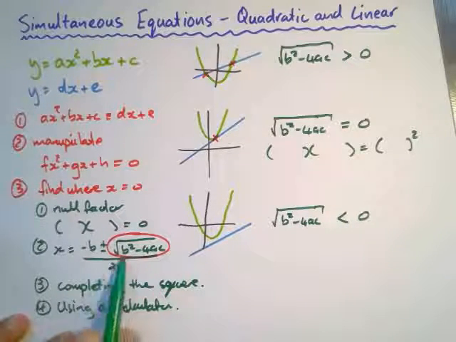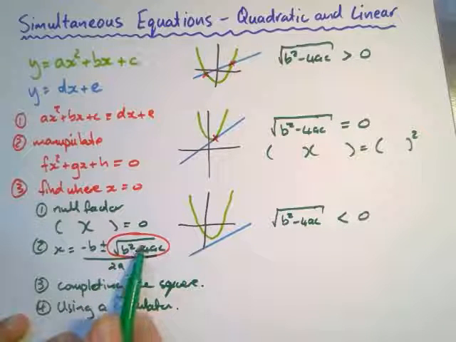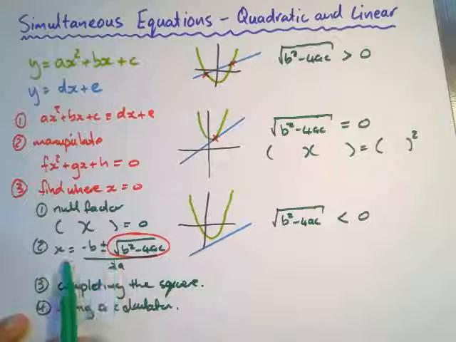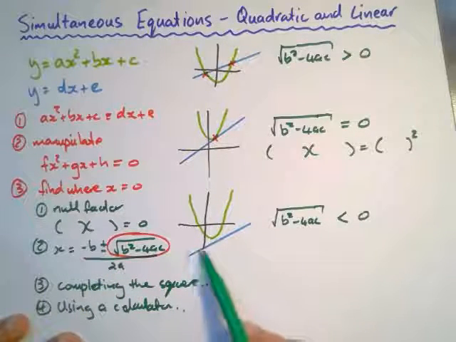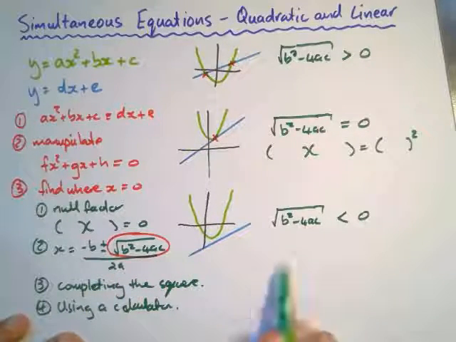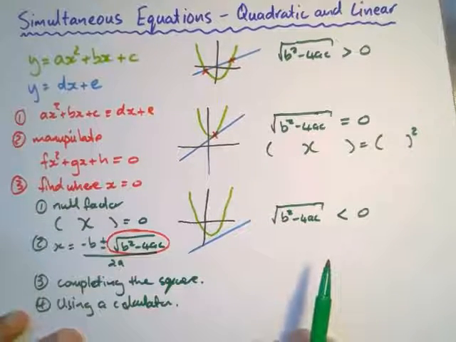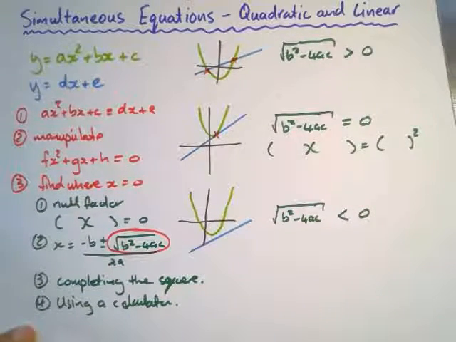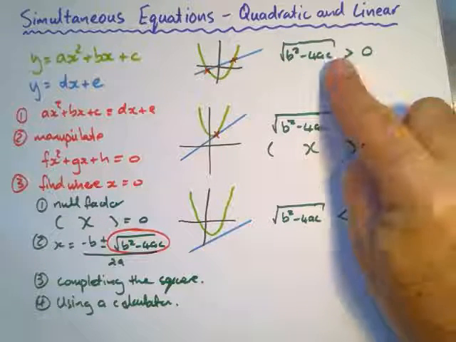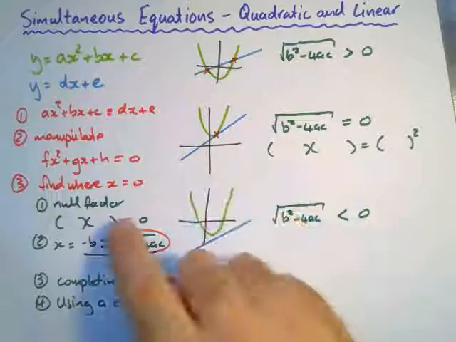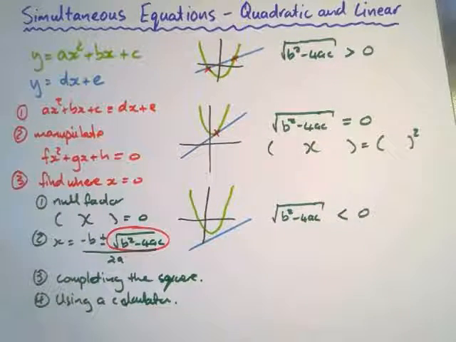It means that I have a negative square root, which is an imaginary number, so there's no solution for x. That means it's missing altogether. So that's the basics. Please have a look at the example to see how to solve it. Most of the time it will be in this form when you have to solve a quadratic and linear equation.